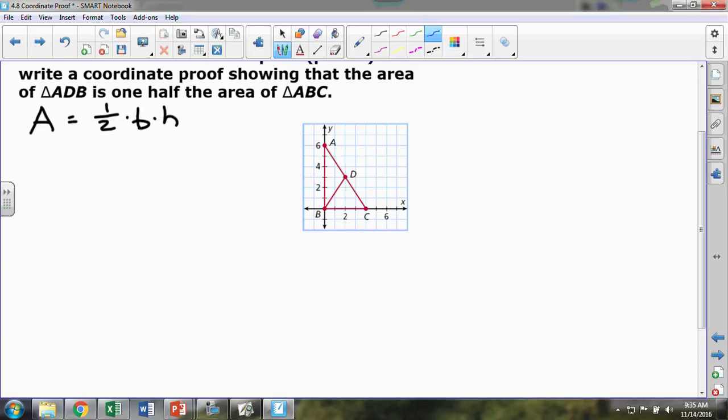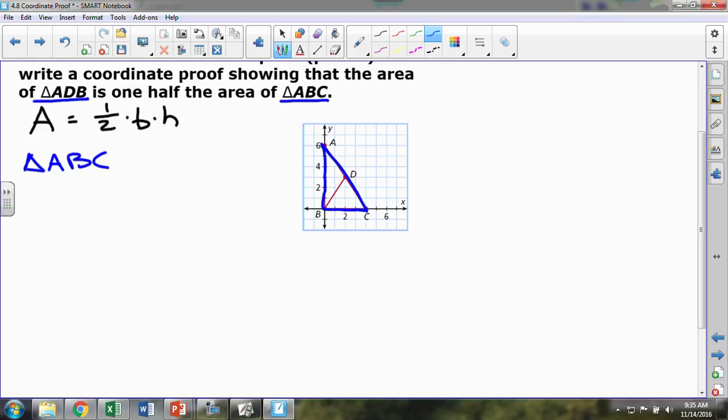So if we are looking at these pieces, we would have to figure out the area of triangle ADB, and figure out the area of triangle ABC. Well, because it's simpler, I'm looking at triangle ABC first, and we can get the area here.